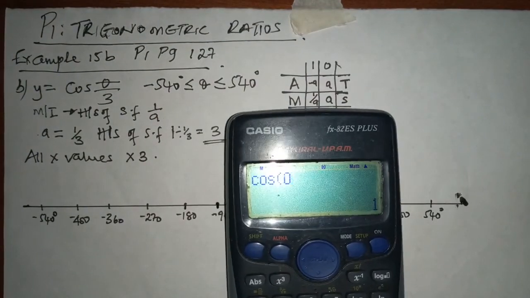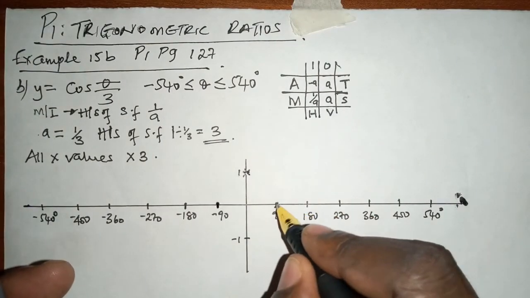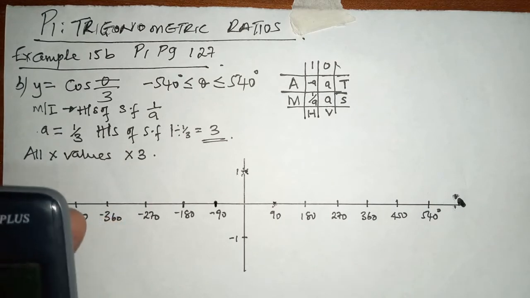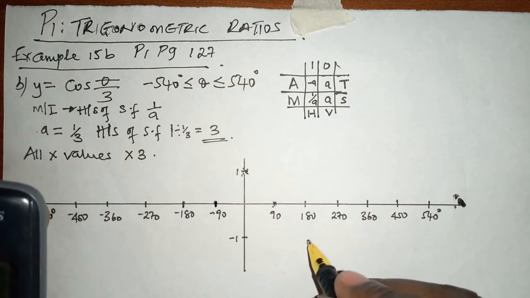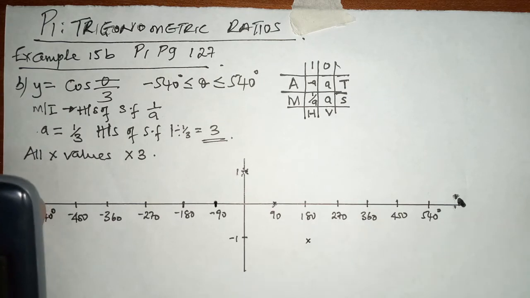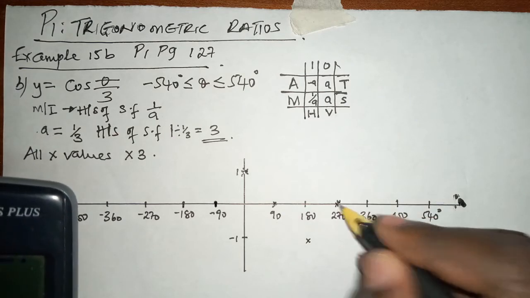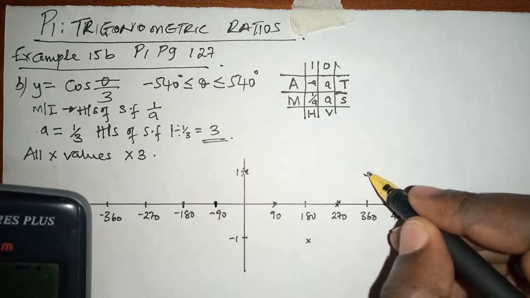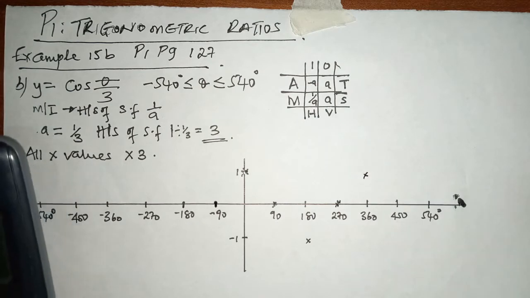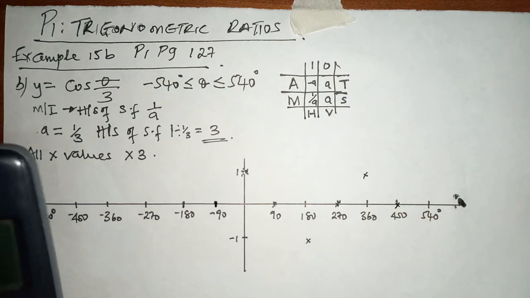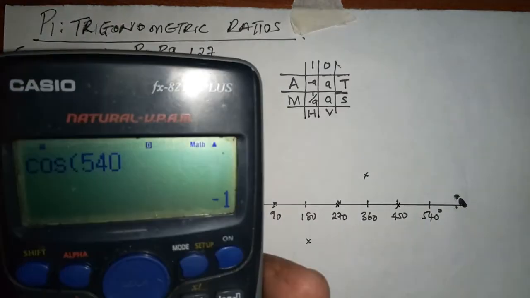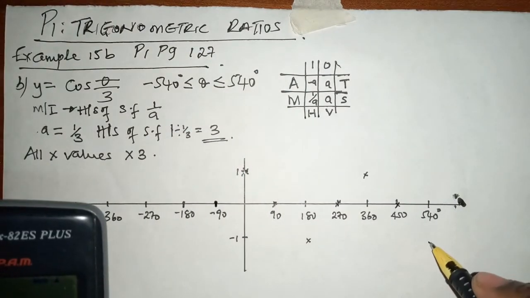Cosine 0 is always 1. Cosine 90 is 0. Cosine 180 degrees is minus 1. Cosine 270 is always 0. Cosine 360 is 1. The cosine of 450 degrees is 0, and the cosine of 540 is, of course, minus 1.